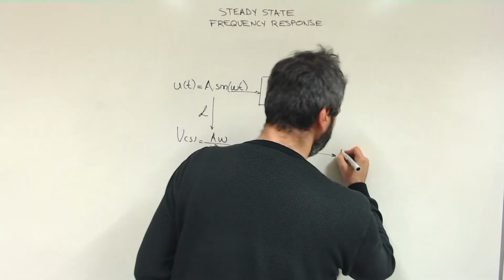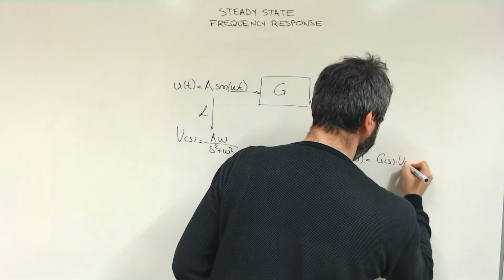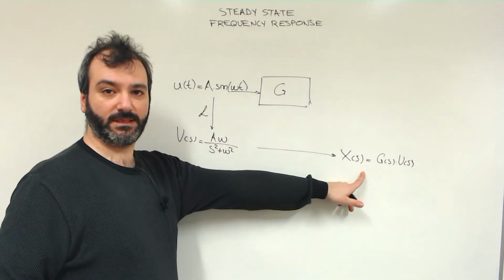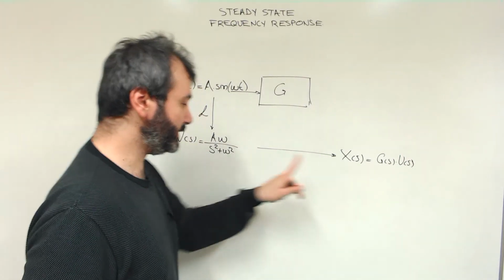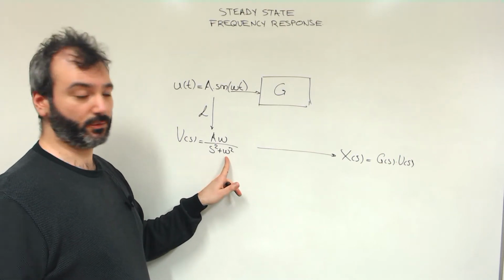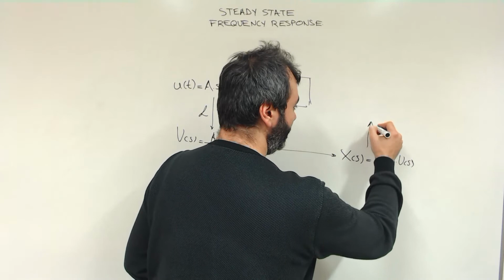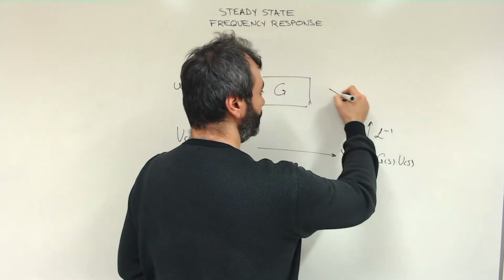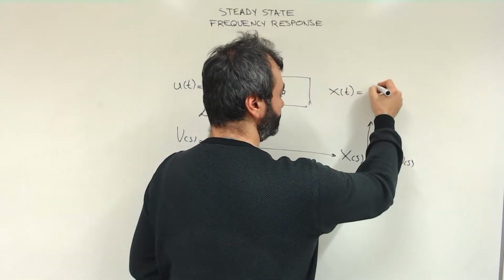So the output is g of s times u of s, namely g of s times a omega over s squared plus omega squared. And now we can apply the inverse Laplace transform to obtain the output of the system.